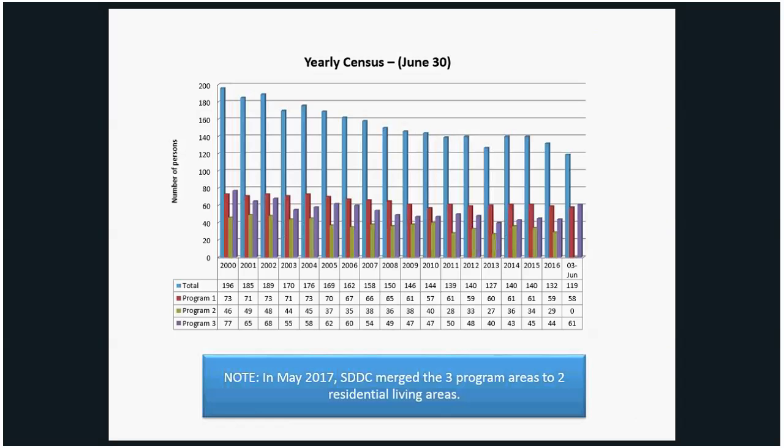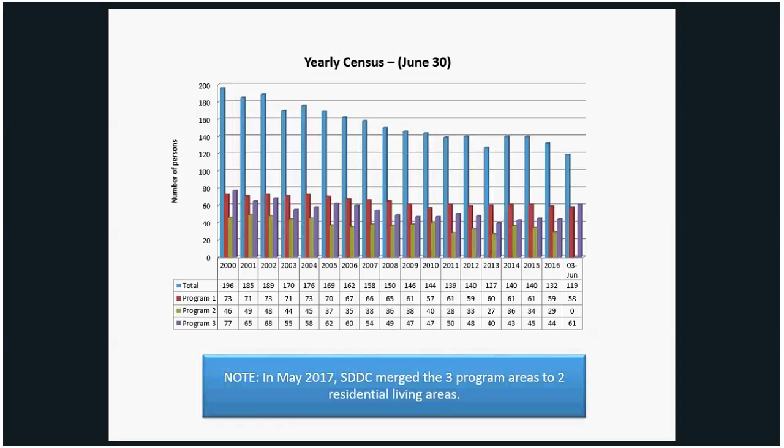The next series of slides presents some demographical information over a 17-year time span. On June 30th, there were 196 people supported at SDDC, which is the highest population in that time span.